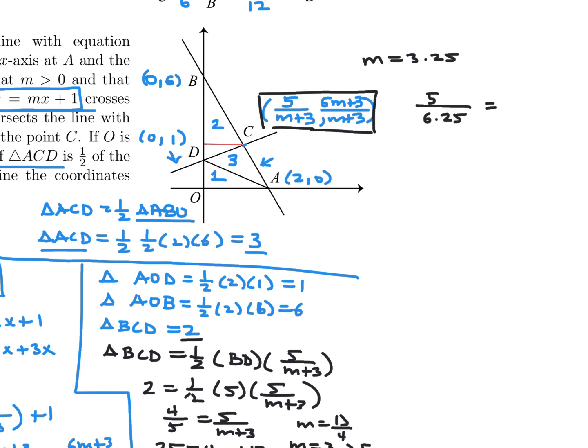And then this would be 6 times 3.25 plus 3, over 3.25 plus 3. And this crunches out to 0.8, and this one calculates to 3.6. So there we go. Finally, after all that, we get the coordinates for C, which is (0.8, 3.6).